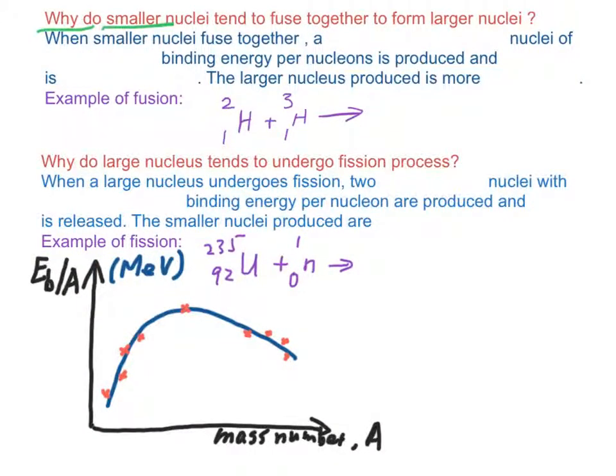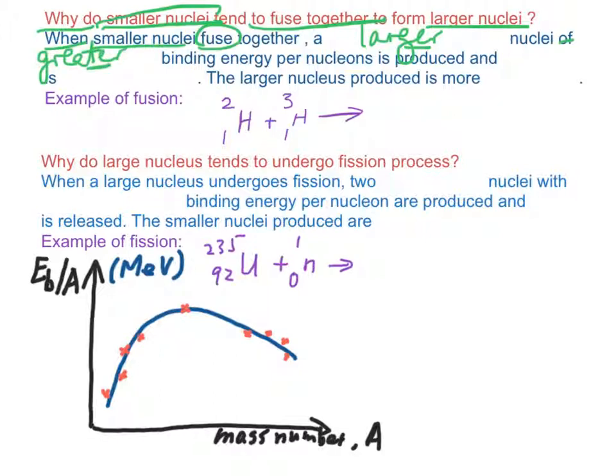Why do smaller nuclei tend to fuse together to form larger nuclei? The reason is that when smaller nuclei fuse together, a larger nucleus of greater binding energy per nucleon is produced, and energy is also released.